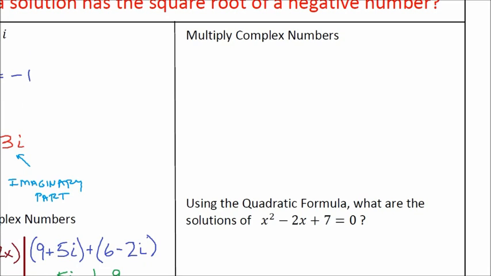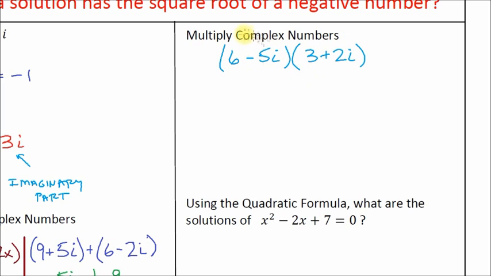Alright, how about multiplying complex numbers? Let's put an example up here. Let's say we want to multiply 6 minus 5i times 3 plus 2i. Again, the good news is your strategy is exactly the same as when you're multiplying two regular binomials that are not complex numbers.